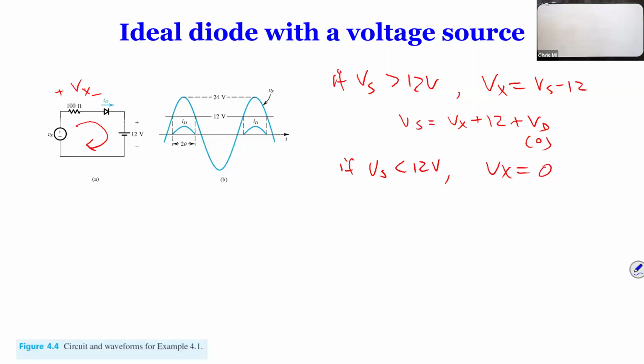So Vx is 0. So therefore, the circuit drawing is like you only conduct here. So everything below 12, Vx is 0. Everything above 12, you use the source minus 12, you get the output voltage.